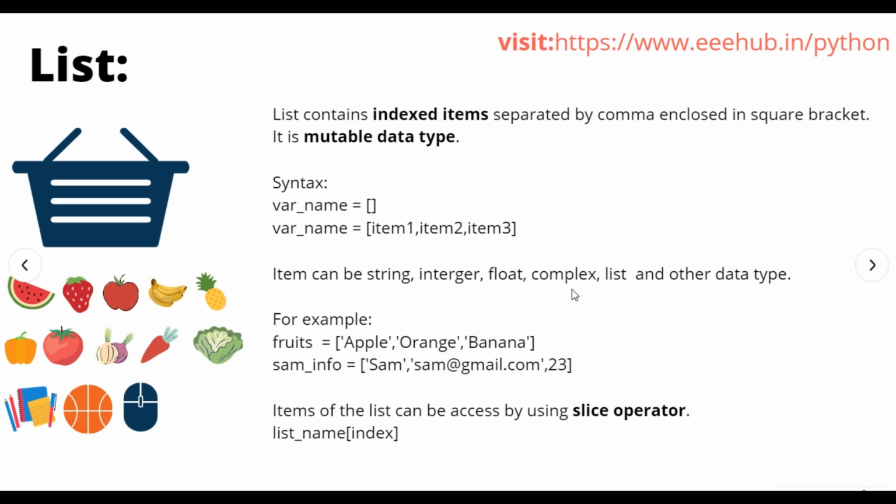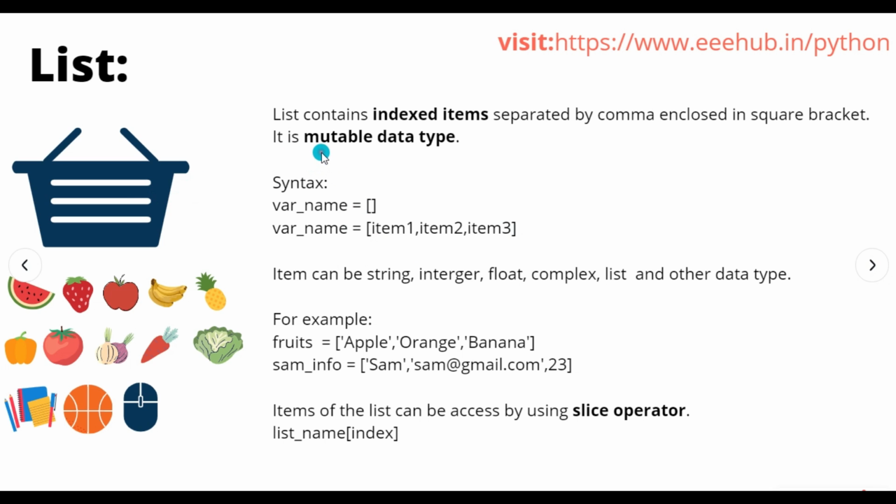We can define a list as an indexed collection of items. Each item in this list will be indexed, like this item has 0 index, this item will have 1 index, this item will have, sorry, 2 index. These items are separated by comma, and these items are enclosed inside the square bracket.